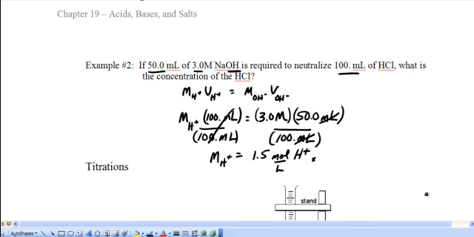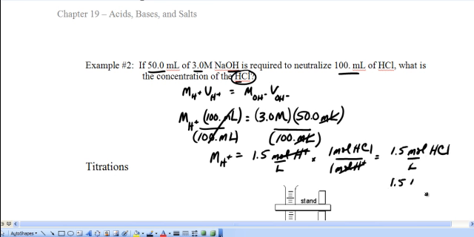It is a 1-to-1 ratio. So 1 mole of HCl for every 1 mole of H+. Why? Because there's only one H in every HCl. The moles of H+ divide out. You're left with moles of HCl over liters, so it is 1.5 moles per liter of HCl, or if you wanted to write it as 1.5 molar HCl, that would be equally fine.